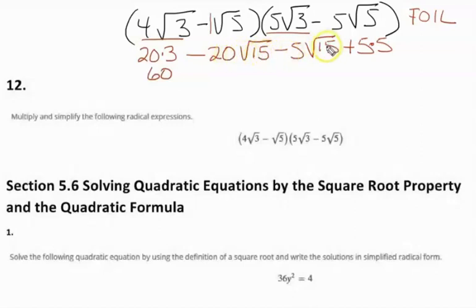This, we have like radicals, so we're just going to add our terms. This is a negative 25, the square root of 15. Now, this is going to be a positive 25. 25 and 60 is 85 minus 25, the square root of 15.